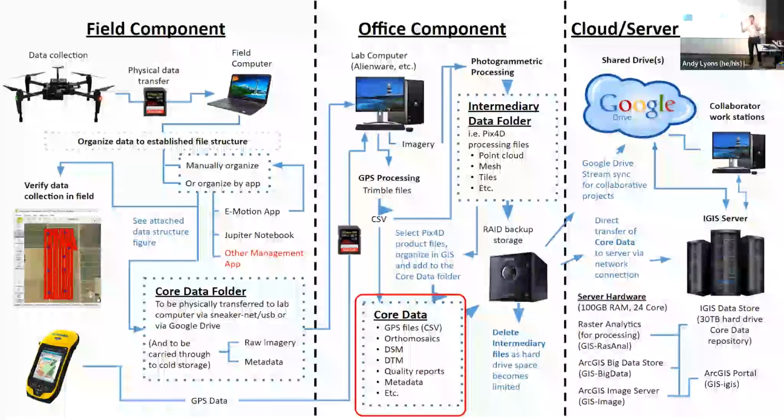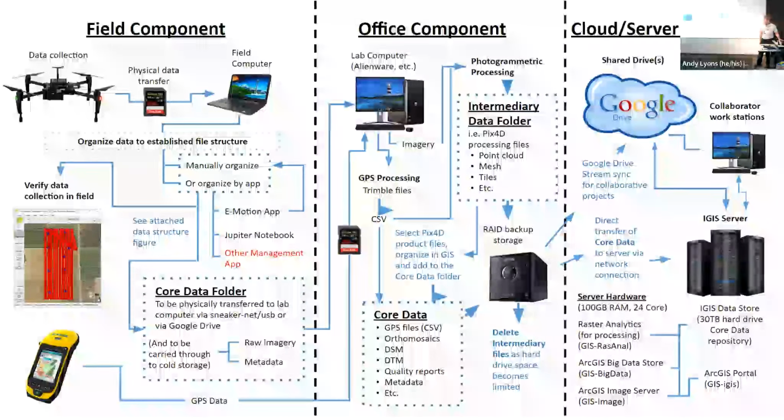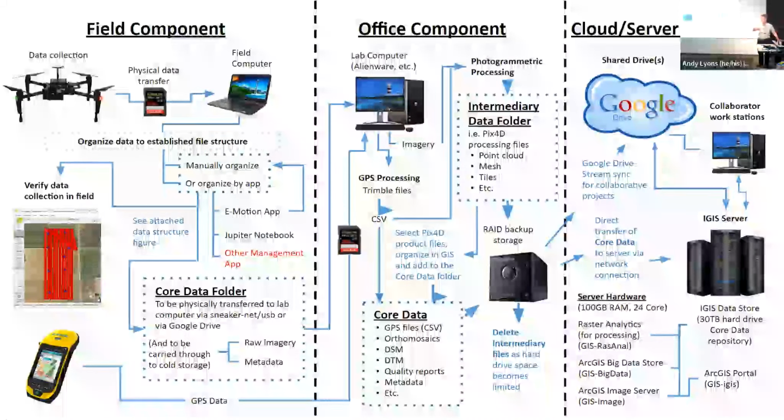For long-term storage, we differentiate what we consider to be core, important files that we want to keep for the long term, as well as intermediate products that we can dispense of when the project is wrapped up. So we make that distinction about what we want to keep and what we don't. A lot of it's based on what can be reproduced and what can't.